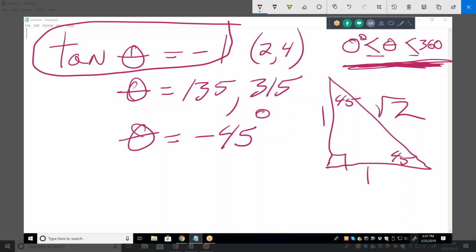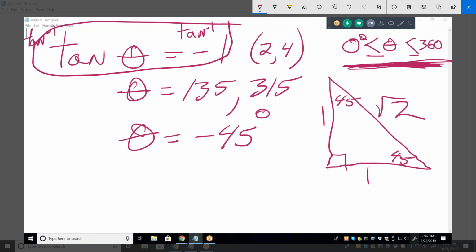In other words, I'm taking the inverse tan of the left side and the inverse tan of the right side. When you take the inverse tan of the tan, you're left with theta. Theta equals the inverse tan of -1.